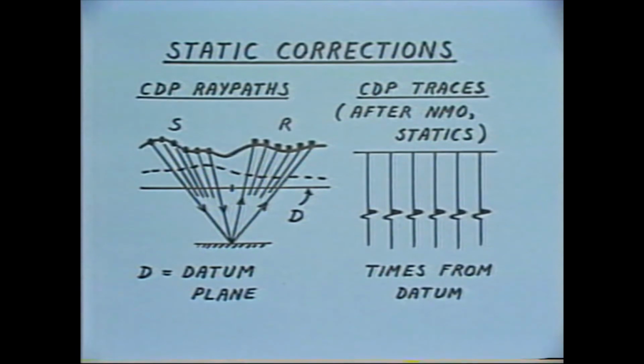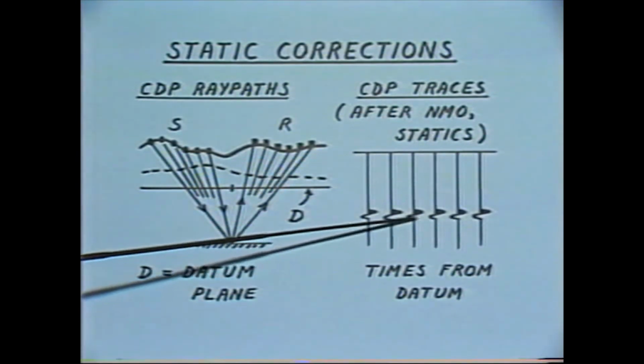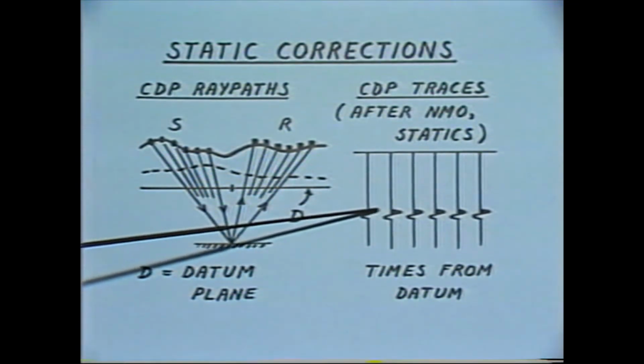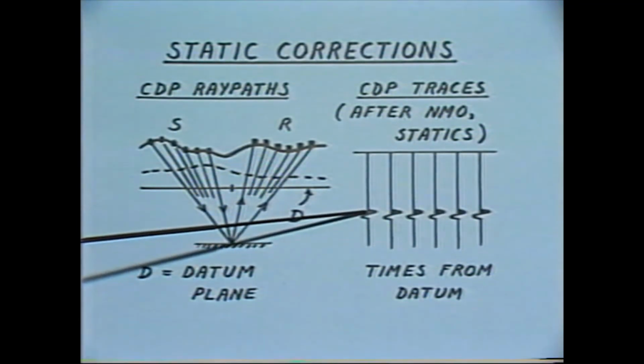So after calculating those travel times, we can subtract them from the appropriate traces: for each trace we subtract a travel time at the source end of the ray path and a travel time at the receiver end of the ray path. And after doing that, and also applying normal move-out correction, a set of common depth point traces would, again, show each primary reflection aligned at the same time on that set of traces.